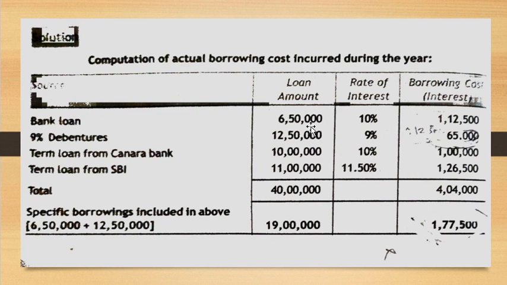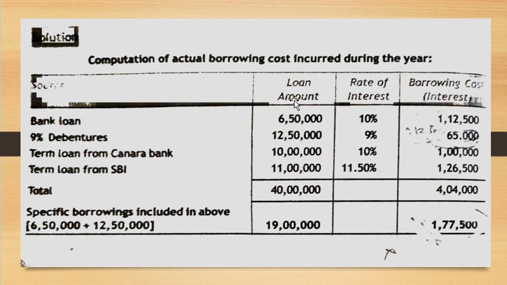So now you will calculate the interest. From the bank loan, 6,50,000 into 10% will give you 65,000. Then 9% debentures, 12,50,000 into 9% will give you 1,12,500. Then the term loan from Canara Bank, 10 lakh into 10% will give you 1 lakh. Then the term loan from SBI, 11 lakh into 11.5% will give you 1,26,500.